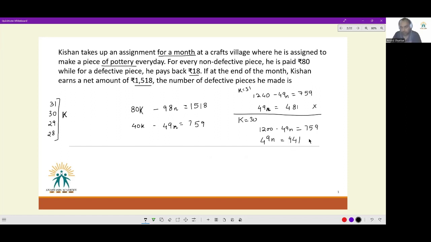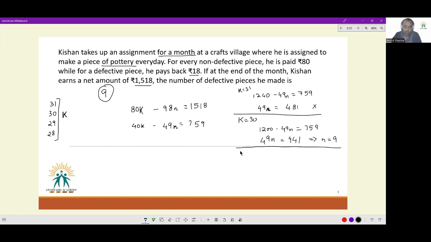This is wonderful because this gives us n is equal to 9. 49 into 9 is 441, 21 square, I recognize. And ideally, if I was in an exam, at this point, I would have marked my answer to the question as 9 and moved on, because this is a single-answer question and I found one acceptable case, all my working is done.